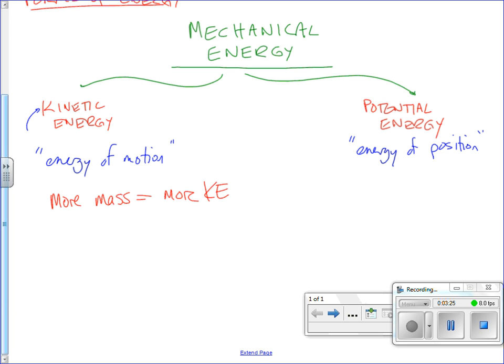The more massive things are, the more kinetic energy they could possibly have. That's one. And two is faster objects can tend to have more kinetic energy, which says that kinetic energy depends both on mass and, well, velocity.